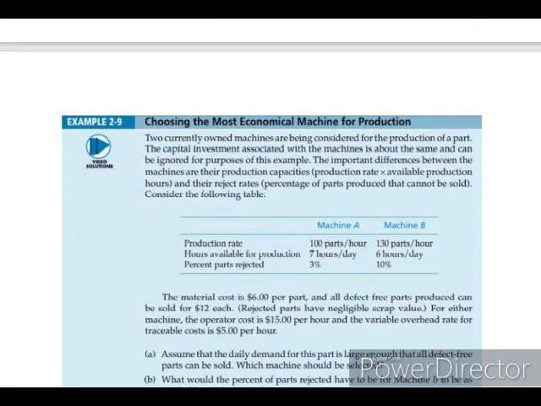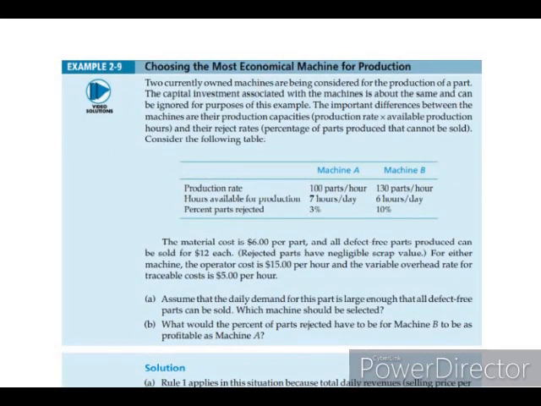So, another example problem: choosing the most economical machine for production. Two currently owned machines are being considered for the production of a part. The capital investment associated with the machines is about the same and can be ignored for the purpose of this example.